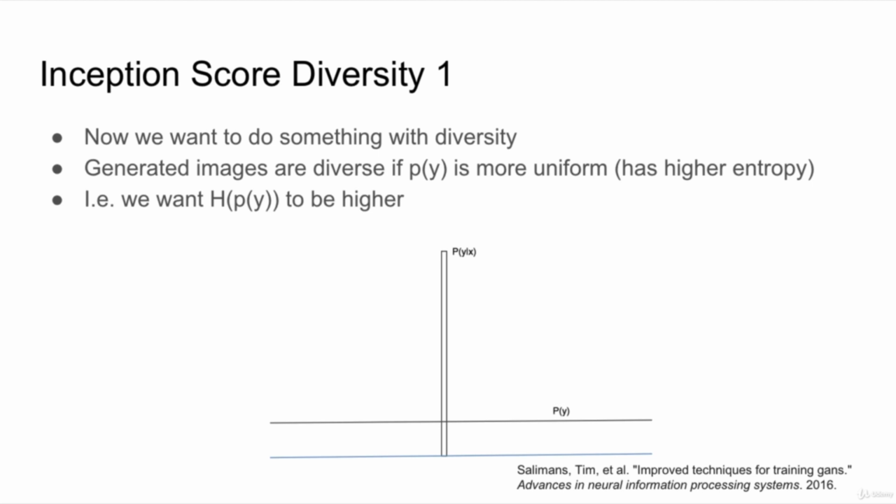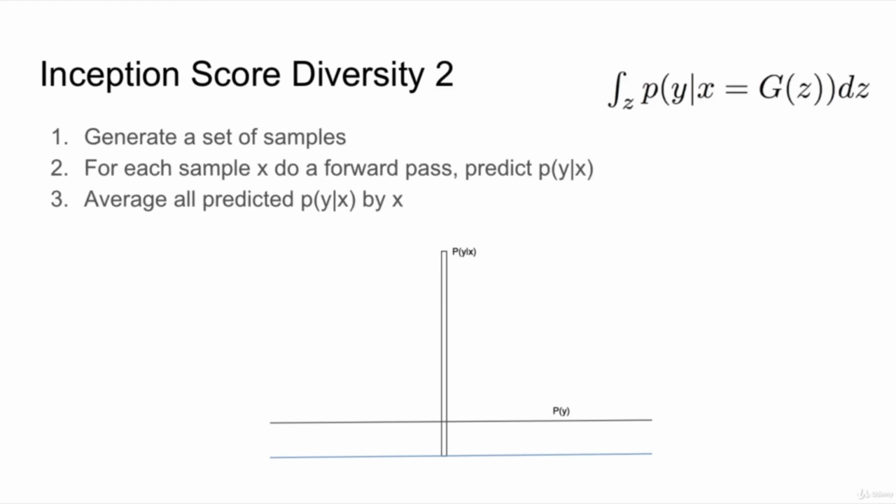Okay, we understood that we want the entropy of the distribution P of y given x to be lower, and it stands for image quality. Now we have to do something with image diversity. For this reason, we can consider P of y distribution. We want it to be uniform, which means that we want the entropy of P of y to be higher.